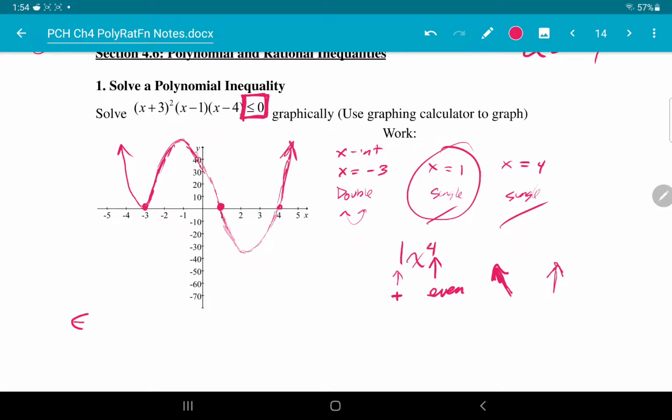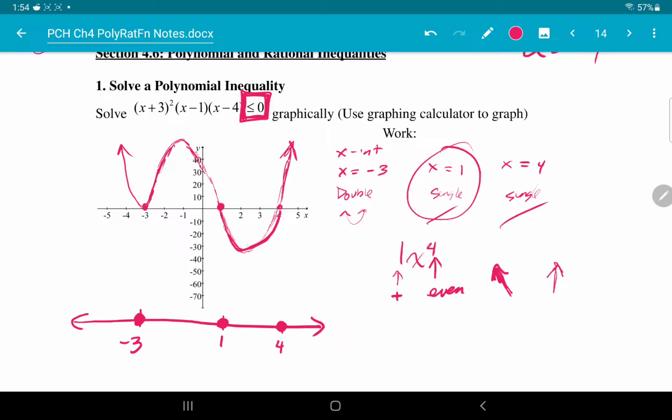So as we look at our number line, and even if we were to do sign analysis here, we have our intercepts at -3, 1, and 4. Those are our zeros, so I do want to say, because it's equal to 0, I can include those values. If you do sign analysis, just to save time, I won't do it, but the idea here is that what we're looking for is the section that is less than or equal to 0.